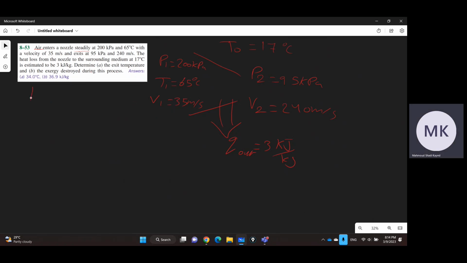What we need to find is the temperature of the outlet, and we want to find the exergy destroyed.